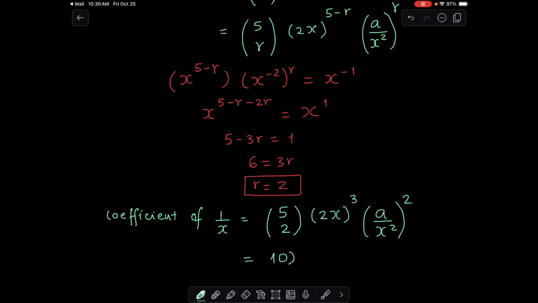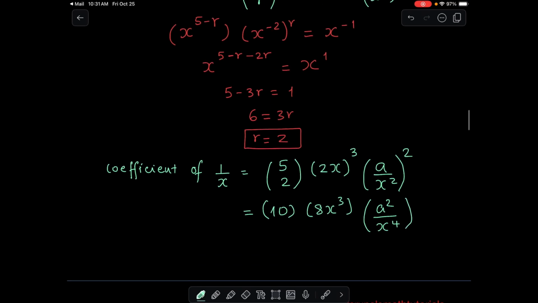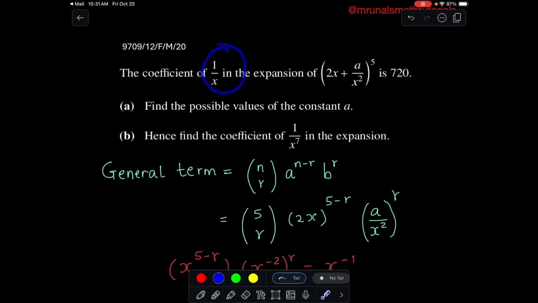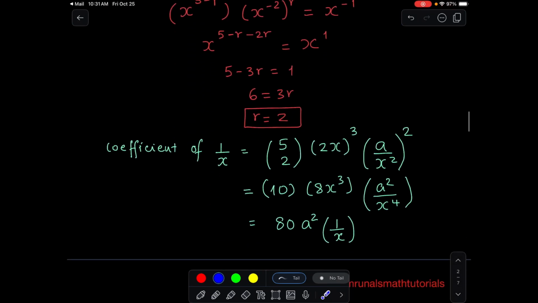That gives me 10 times 8x cubed times a squared over x to the 4th. That means it's going to be 80 times a squared times 1 over x. So we are just interested in the coefficient. This coefficient is going to be equal to 720. The coefficient of 1 over x is equal to 720.